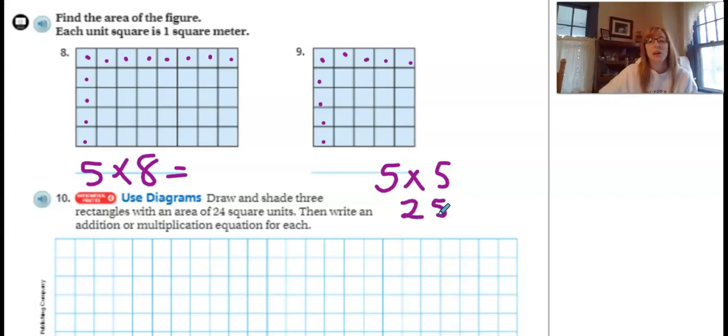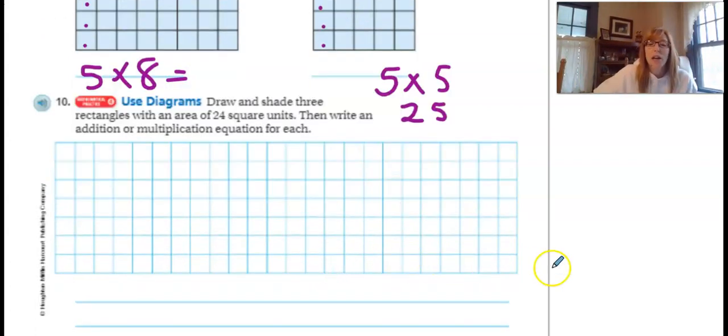All right, so this one says draw and shade 3 rectangles with an area of 24. So as soon as you see the area equals 24, you think to yourself, okay, well, I know area is length times width. What's the exact opposite of multiplication? You are correct. It would be division.